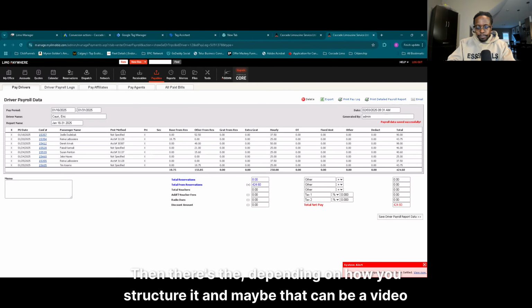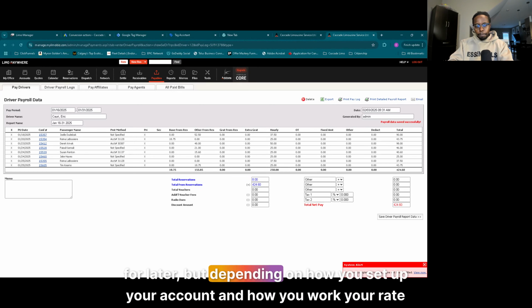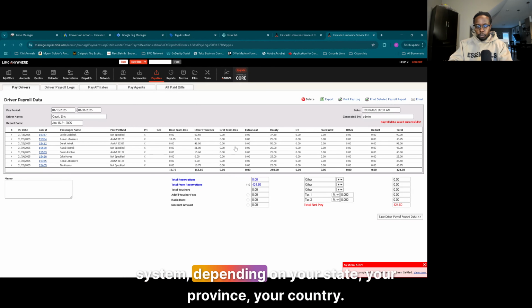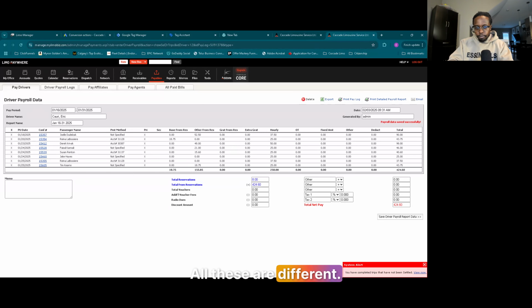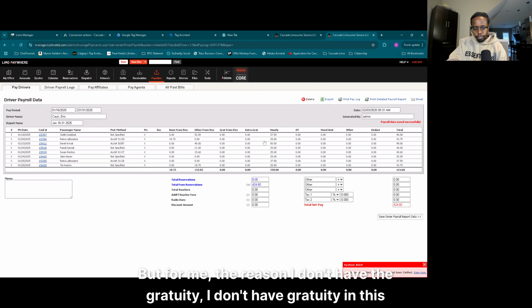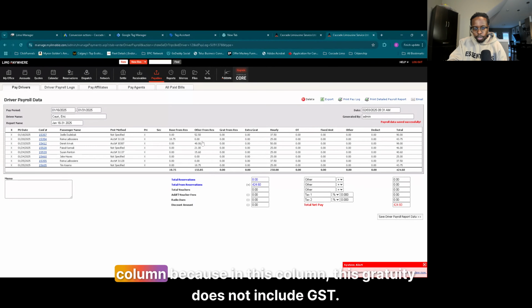Then depending on how you structure it, and maybe that can be a video for later, depending on how you set up your account and how you work your rate system, depending on your state, your province, your country, all these are different. But for me, I don't have gratuity in this column, because this gratuity does not include GST.